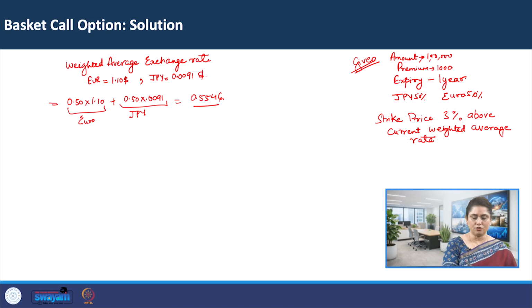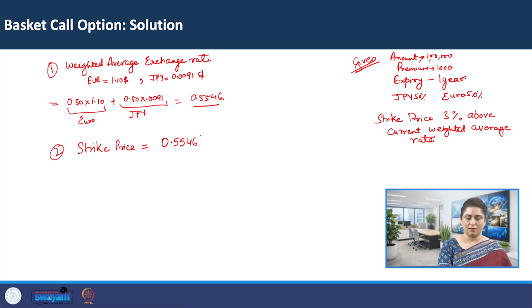So, what is going to be the strike price? The strike price that we are going to calculate is equal to 0.5546, which we have got as the weighted average exchange rate, into 1.03. This gives us 0.5712.